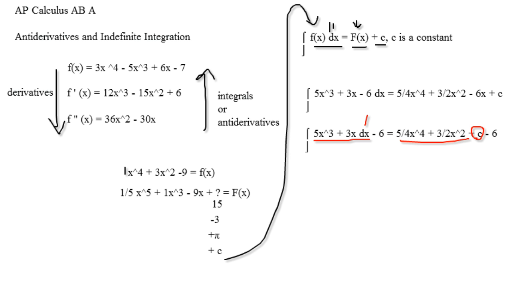Now there are some simple rules for it. If you have a constant in front, you can go ahead and bring it out to the front. If you have a negative, make sure you move it out front, because you really only want to be dealing with negative or positive integrals. If you are adding or subtracting two functions and then you're integrating them both, you can also separate them and do integrals of all of them.